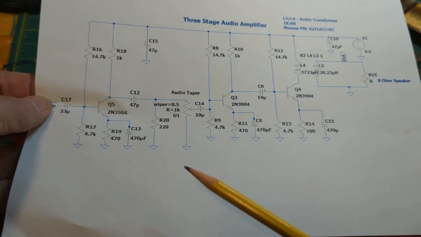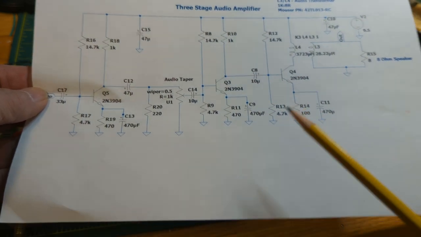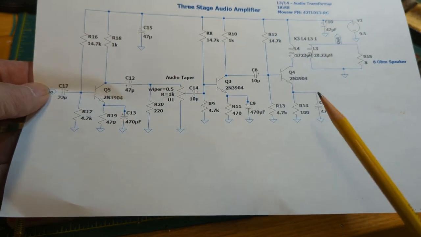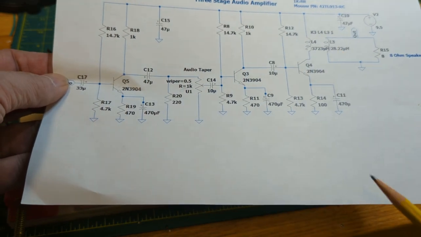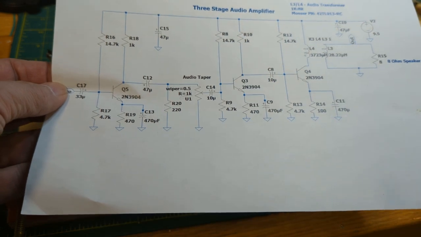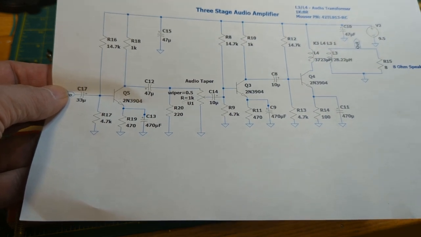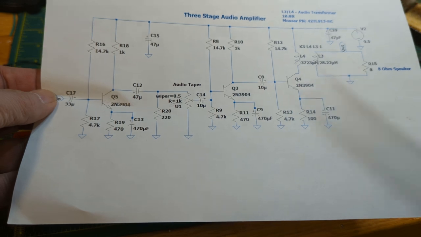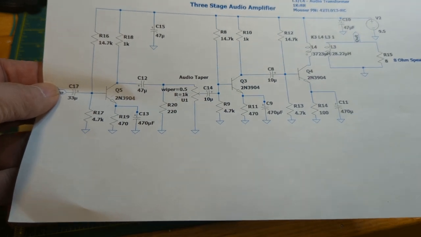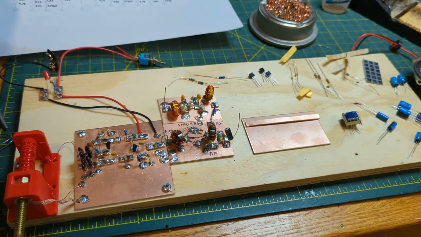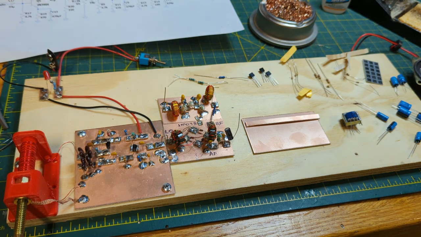That's a 10K audio taper, despite what the earlier schematic said as 1K. And then all of the pieces required to provide the DC voltage and to block RF off the DC line. So this is a complex board with 3 different stages.